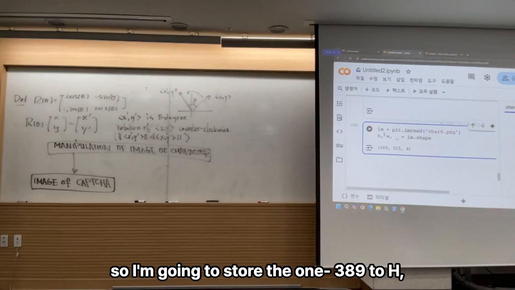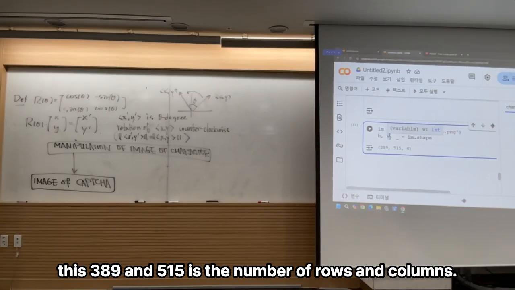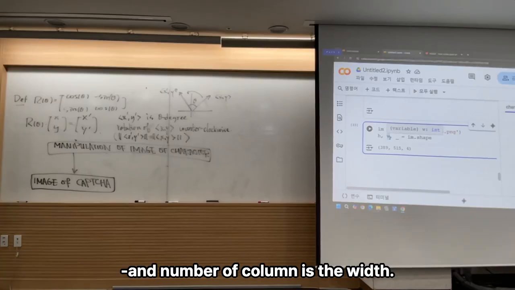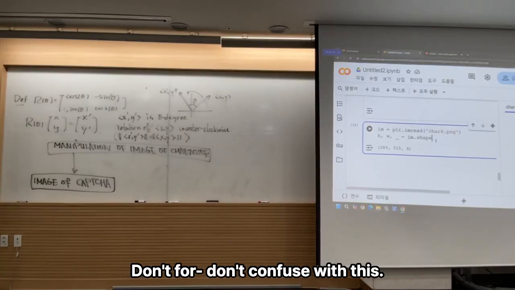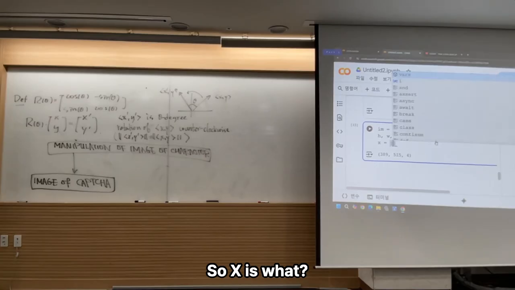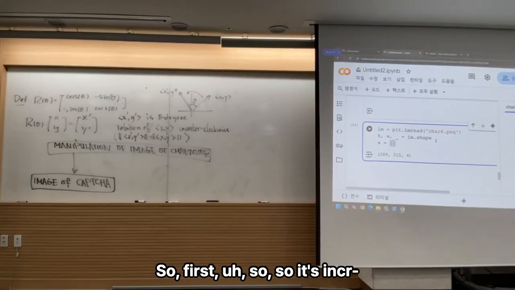I'm going to store 389 to H and 515 to W. Again, 389 and 515 are the number of rows and columns. The number of rows is the height, and the number of columns is the width. Don't confuse these. So X is what? Let's take natural order, so vertical order.